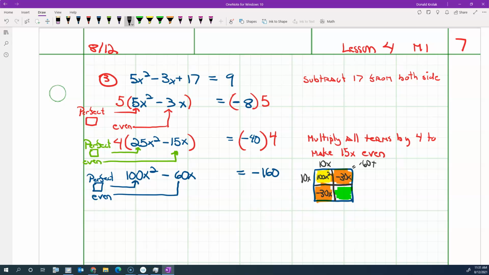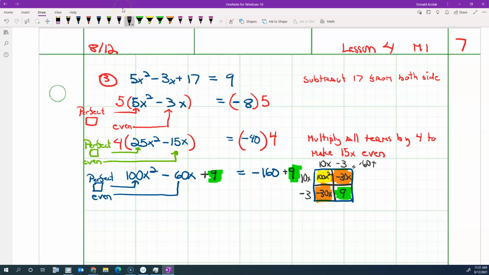All right, so now to get these missing numbers here, what would you multiply 10x by to make negative 30x? Yep, so that's negative 3, and that's negative 3. And the green number is now positive 9. Okay, so I'm going to add 9 to both sides. Okay, that's where that came from.